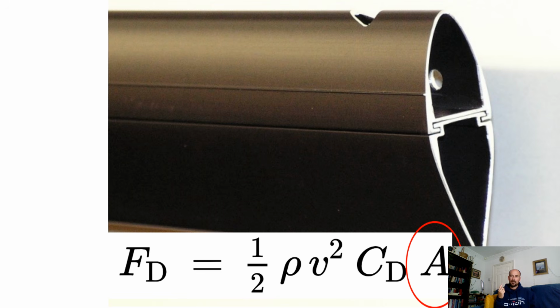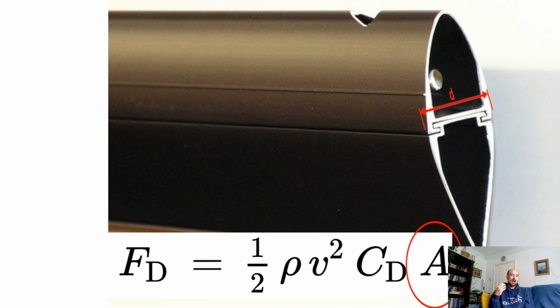For these purposes, as a reference area, I'm going to be using the cross section that's exposed to the airflow. So that's a 1 meter length multiplied by the width of the upright. It's not the total area of the upright, it's not if you look at it sideways or anything like that, it's the cross section that's exposed to the oncoming air.